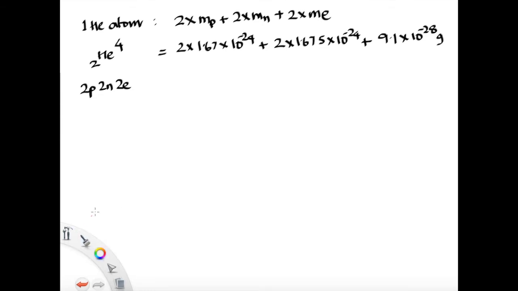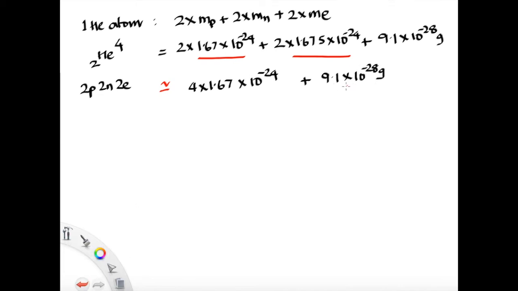So we have plugged in the values of proton, neutron and electron, and if you see, mass of a proton and mass of a neutron are approximately the same. So since they are approximately the same, I can add these two values and write it to be equal to 4 into mass of a proton, and mass of a proton is 1.67 into 10 to the minus 24 grams, plus 2 into the mass of an electron.